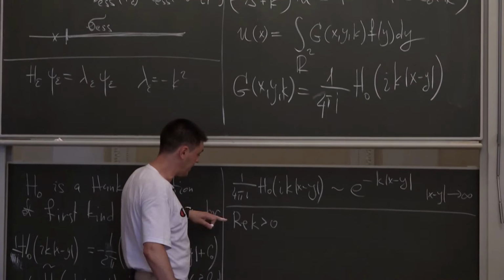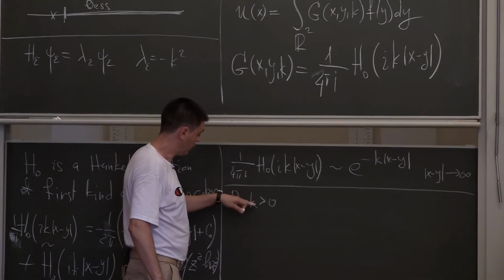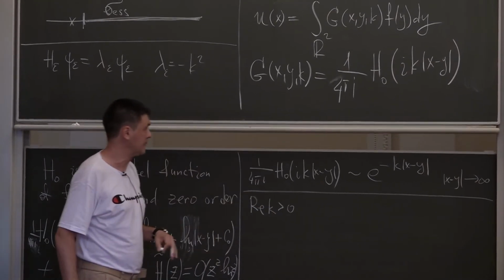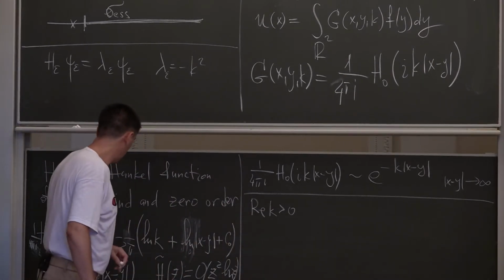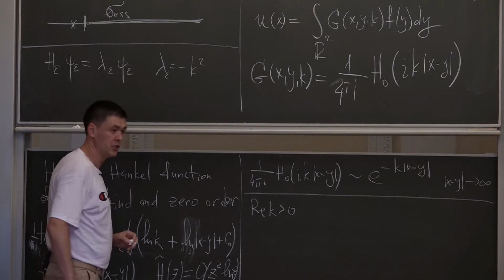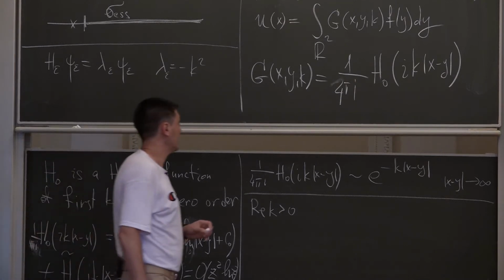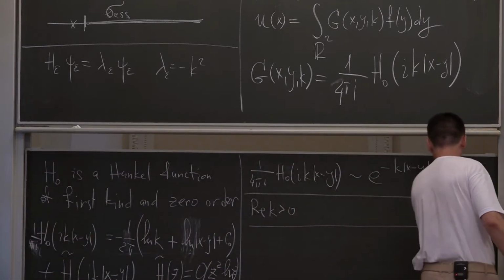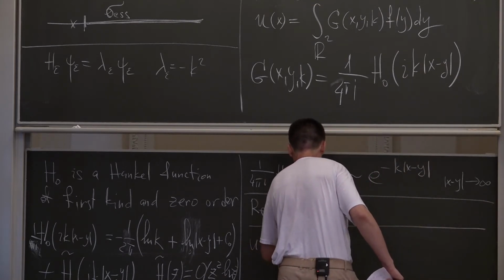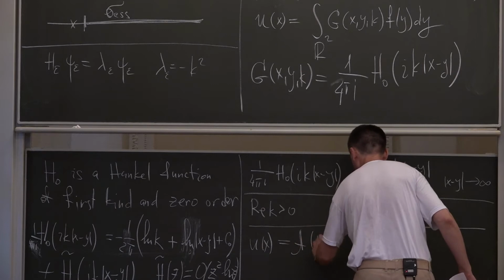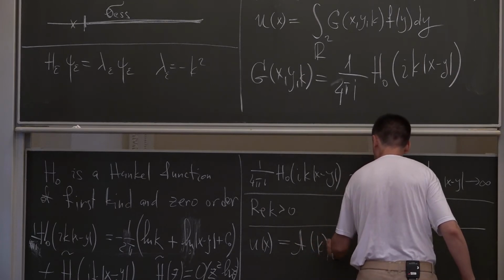And in the other case, when the real part of k is negative, this solution grows at infinity, and at 0 it behaves as it is written. It means actually that we again consider u of x as the action of some operator A of k on f.